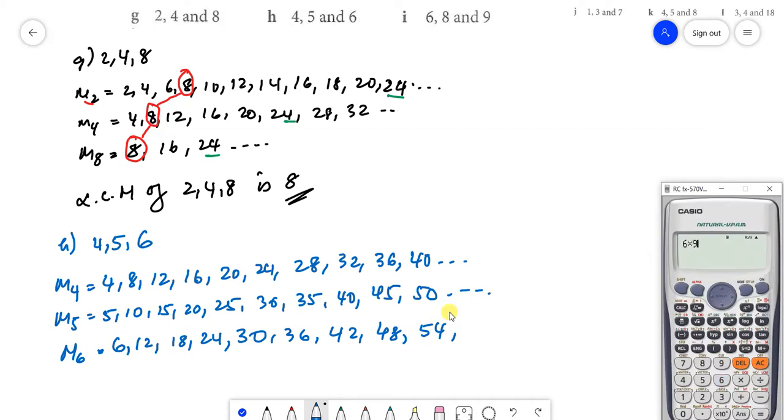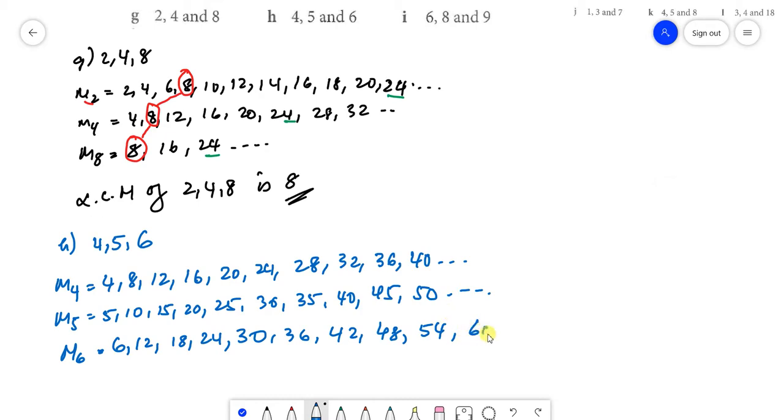Yeah, 6 nines are 54, 6 tens are 60. Okay, let's see if we have anything common. See, common, we have 60 here. Okay, we can get 60 here as well.